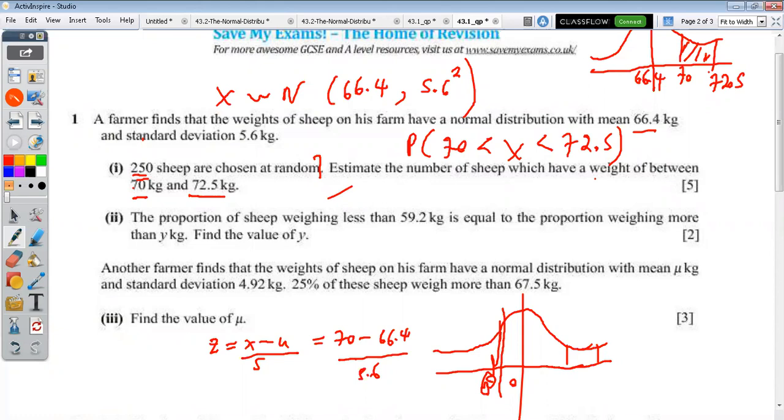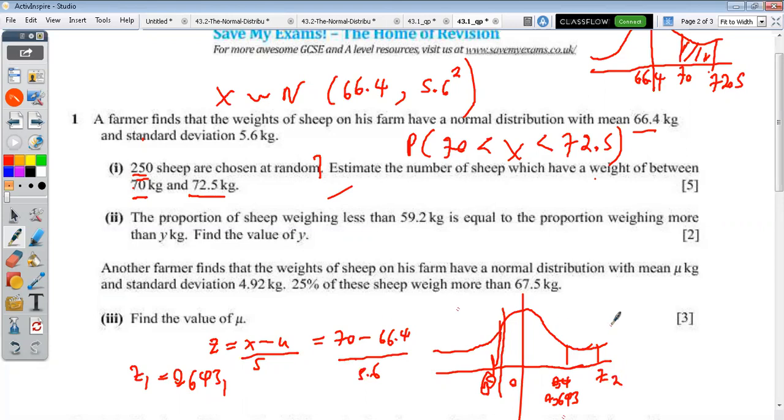What do you get? 0.643. I hope we agree with it. So Z1 is 0.643.